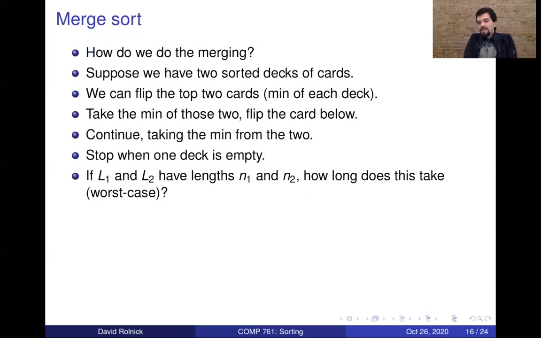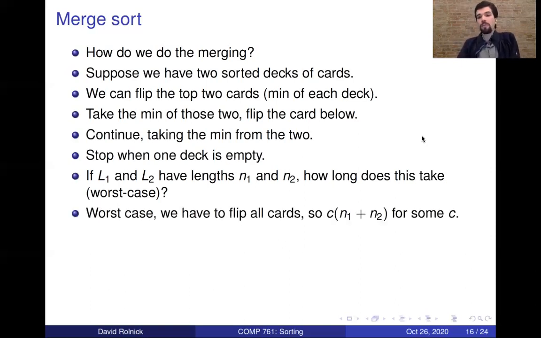I think of it as the sum, because you could end up having to flip all of the cards, basically. You could end up alternating between the two. Each time you flip a card, you're going to have to compare it to the other candidate. So you could end up having N1 plus N2 comparisons. And then I've added a constant here because we don't know how long it takes, based upon your algorithm, to do the comparison.